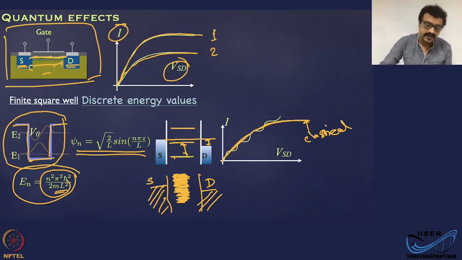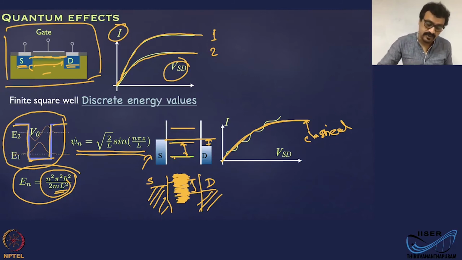Now, when you increase the window, you are continually increasing the number of states available for transport. But in this case, you are increasing the states one by one because your states are far separated, and you will increase states in a discrete manner. What that means, the total current also can change in a discrete manner.